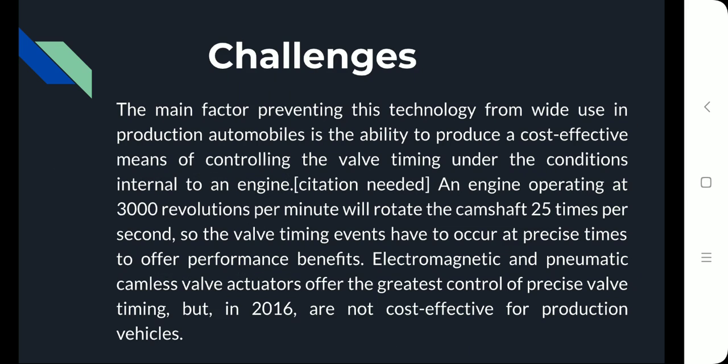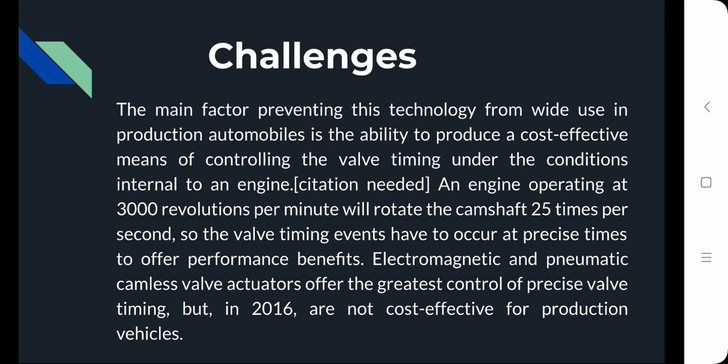So next, what are the challenges of VVT? The main factor preventing this technology from wide use in production automobiles is the ability to produce a cost effective means of controlling the valve timing under the conditions internal to an engine.